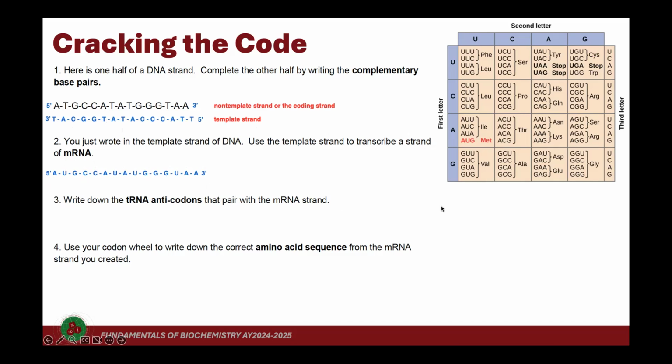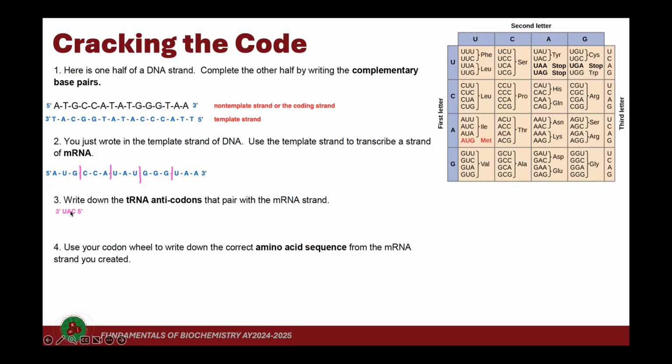Write down the tRNA anticodons that pair with the mRNA strand. For this one, personally, it helps if I identify the triplets. For the first codon, from 3 prime, the anticodon is UAC.